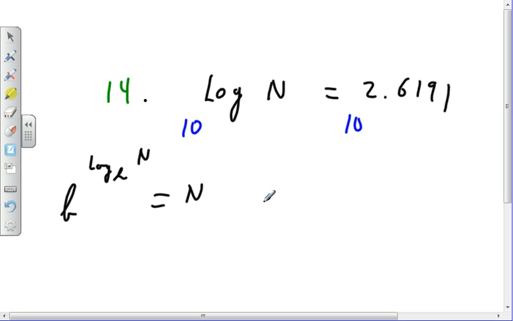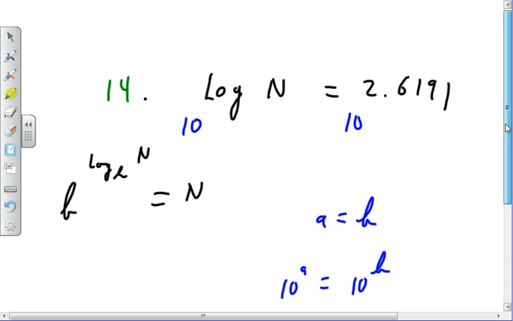If A is equal to B, then 10 to the A has to equal 10 to the B. So I have log n equal to some number, then 10 raised to that exponent has to equal 10 raised to the other exponent. And 10 common log raised to the n is just n.